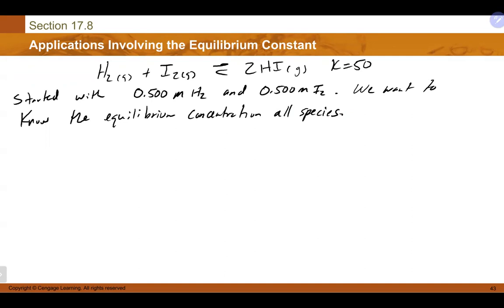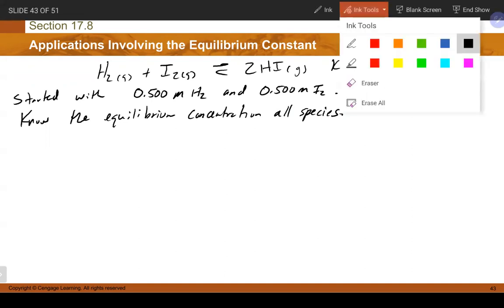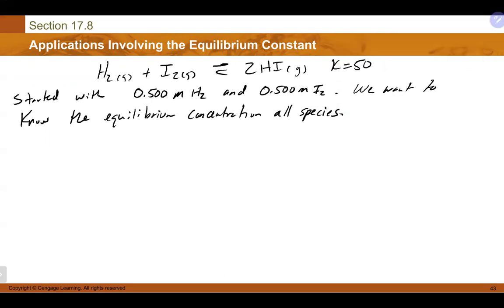So there is a method that we use to calculate things like this, which I will show you now how to do, and you will never see again until Chem 1B. I don't know why they do it in this class, but we will do it. The method we use is what's referred to as an ICE table.